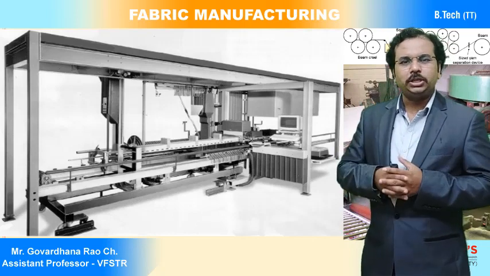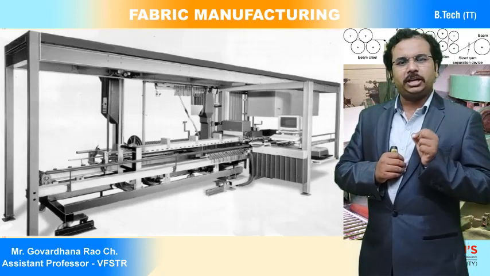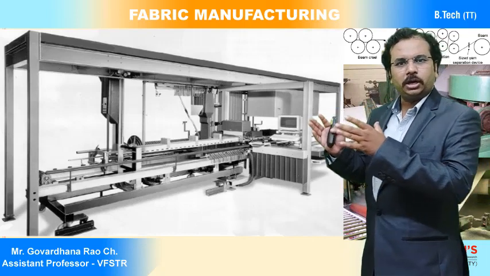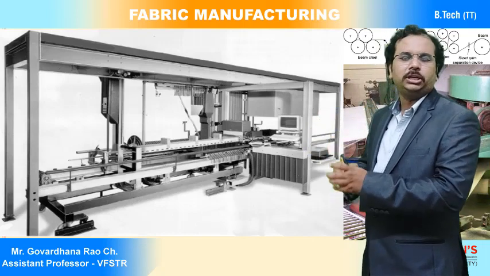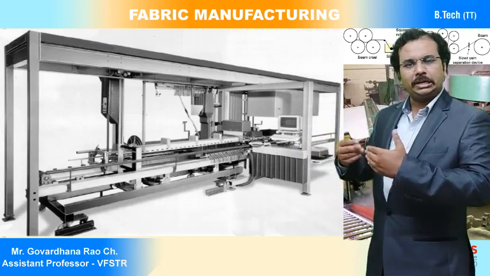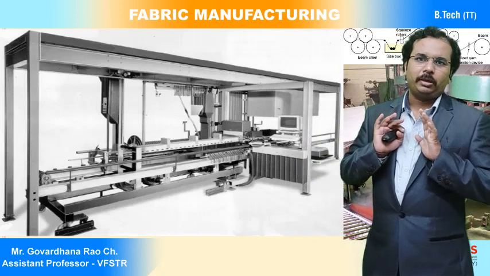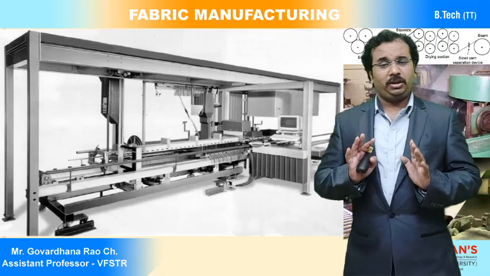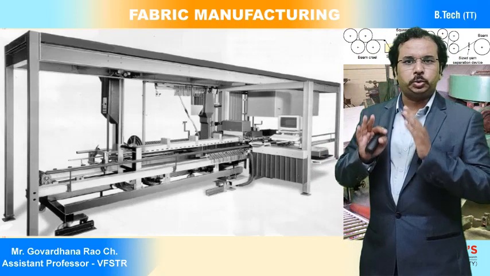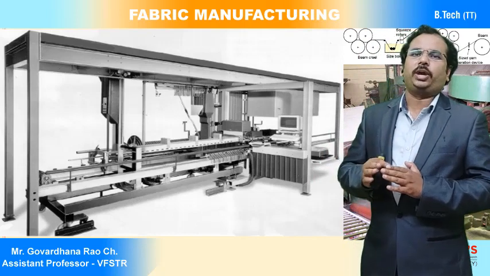It can find the warp threads from the beam, and the heel wires and drop wires from the magazine where you have kept them. It is going to identify and select, and drawing can be done automatically by using the drawing pin. So automatically the warp thread is drawn through the drop wire and through the heel wires.